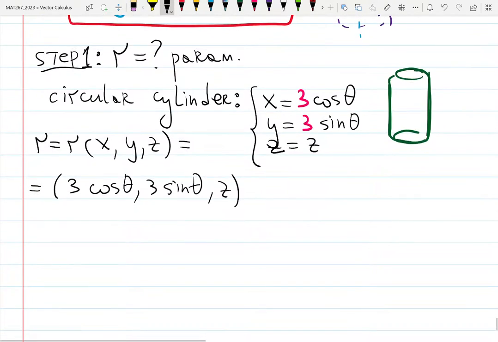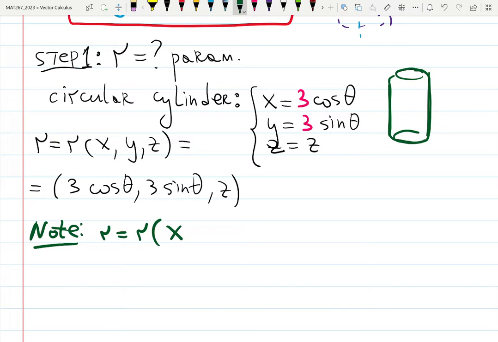How would you rewrite it with u and v if necessary? Sometimes people do s and t. Note, that does not matter. You just need to be comfortable seeing different notations. It's the same as calling it r equals, so R depends on x, y, and z, but x depends on theta and z. And now because z depends on z, sometimes people don't like it.